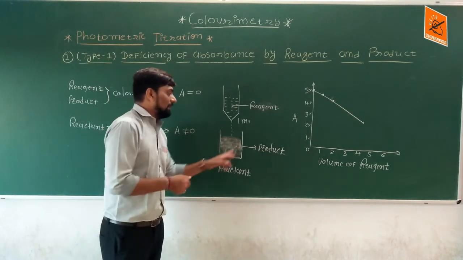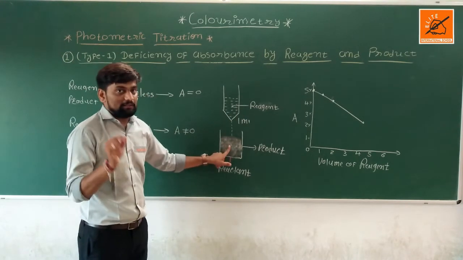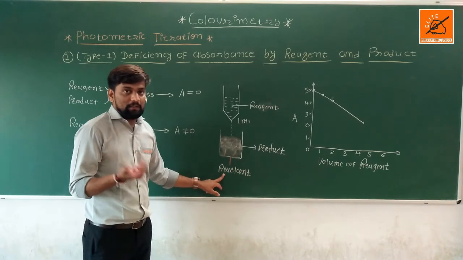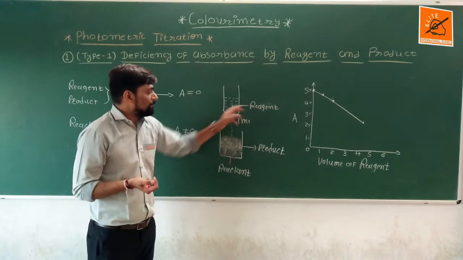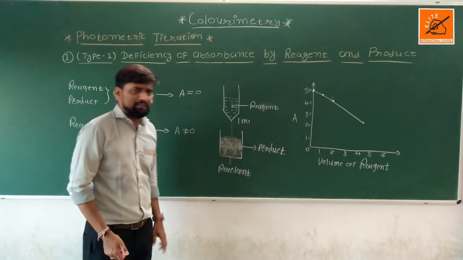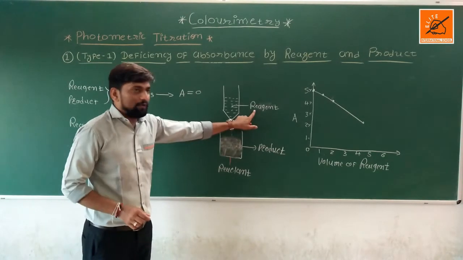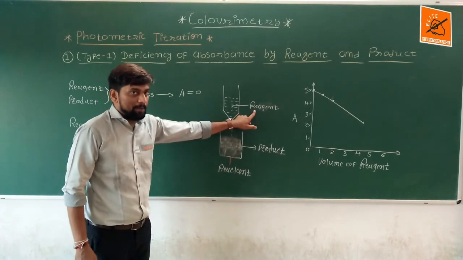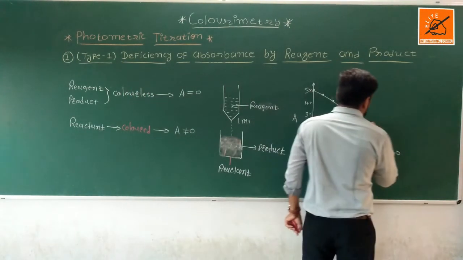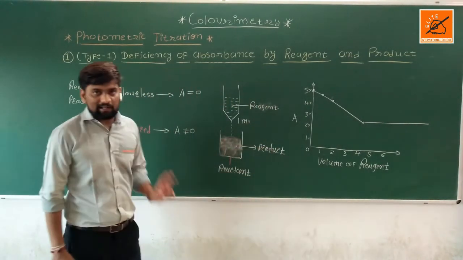Now after the end point we add reagent. At that time this reagent remains as it is in the flask, because now reactant is not available in the flask. That's why when reagent is added after the end point, the reagent remains as it is in the flask. So whenever we measure the absorbance value after the end point, a constant absorbance value is obtained, because reagent and product are both colorless compounds.